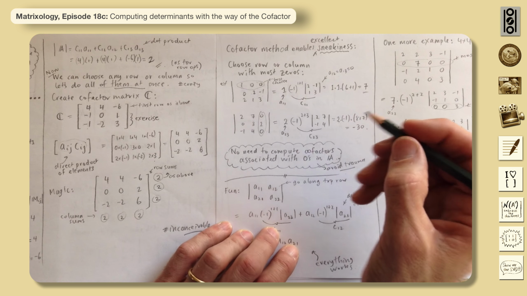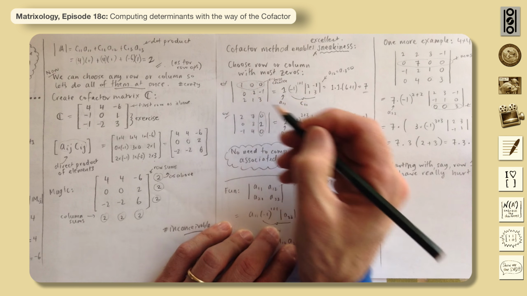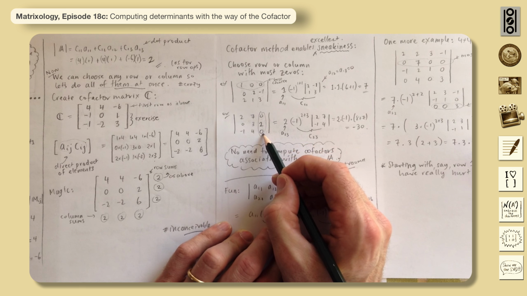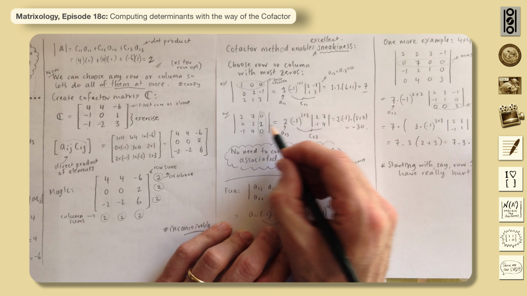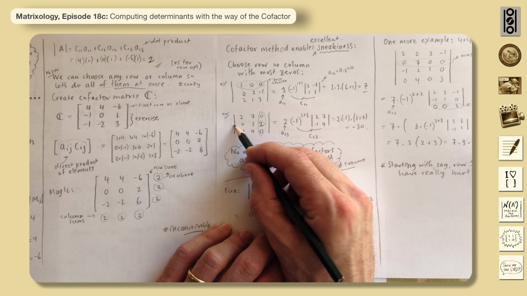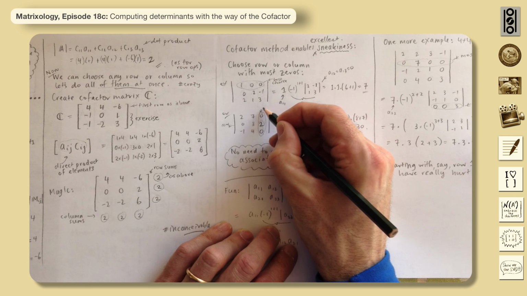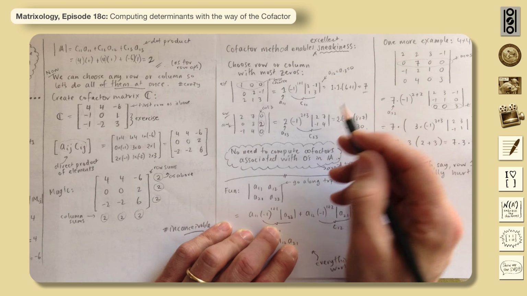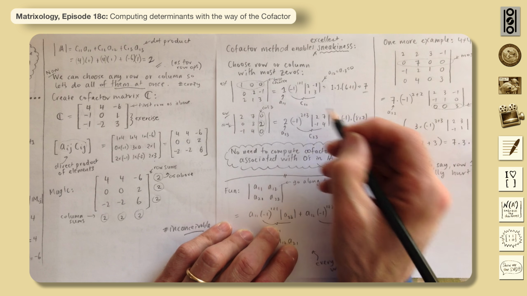For this example, we would choose the third column. It's got 2 zeros in it, so that's our best one. We get a 2 for the entry here, and then we have to multiply by the cofactor associated with this point, which is row 2, column 3. So it's minus 1 to the 2 plus 3, that's our i plus j.